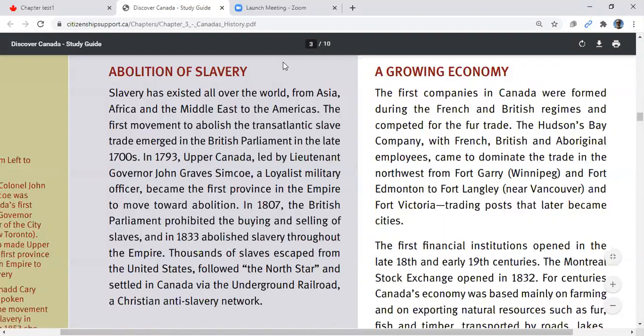And they would hide them in churches, usually, many churches, and then they would go in the night to the next church, and they would hide there, and they kept going and going until they came to Canada. And it was very, very dangerous, because if they were caught, the slaves would be returned back to slavery, and the people helping them could go to jail or be killed sometimes. So it was very dangerous, but people wanted to help the slaves.